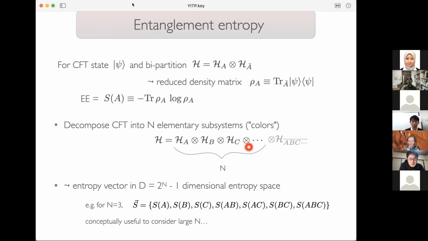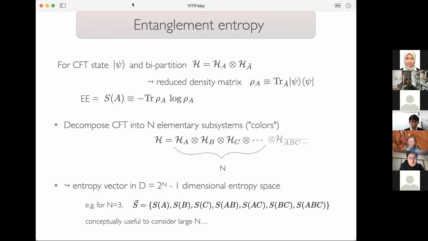Now, given such a subdivision, we can specify the entanglement entropy of any of these subsystems. And similarly, we can specify the entanglement entropy of any composite such subsystem. And so there are 2^n - 1 independent entanglement entropies corresponding to this subdivision.